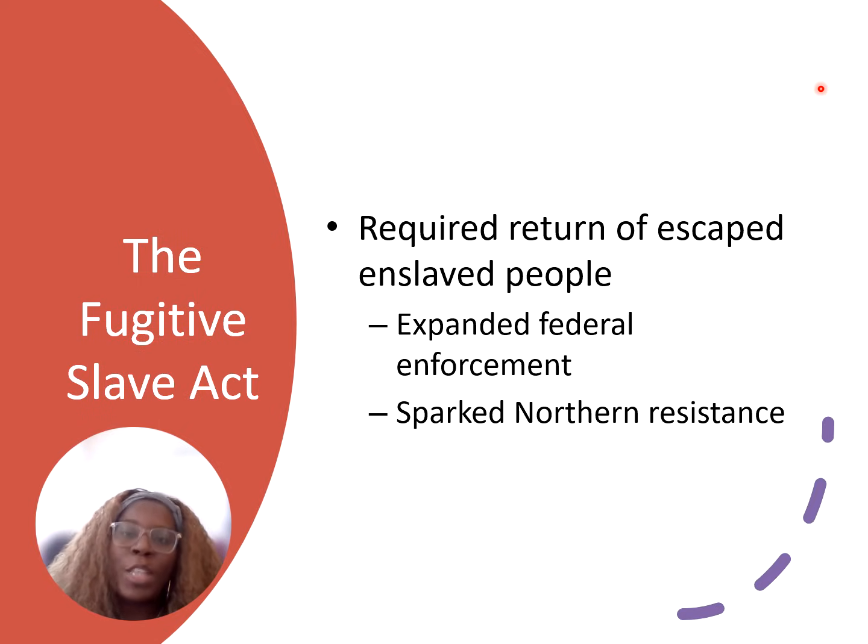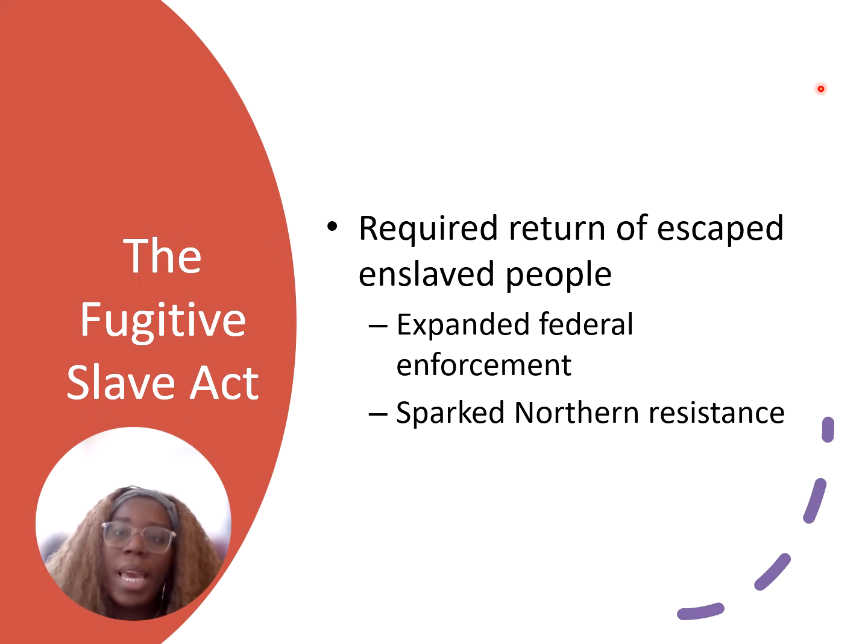This shift also explains why the resistance grew so rapidly. Many Northerners felt that the law violated their moral beliefs and undermined states' rights and personal freedom. The federal government should not be able to come into our state and snatch up our citizens. This is what Northerners believed.